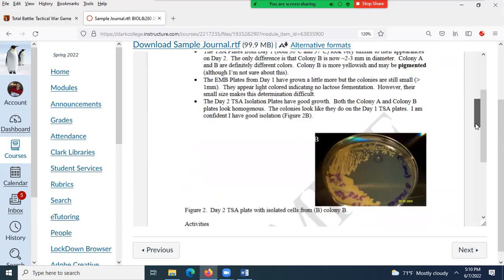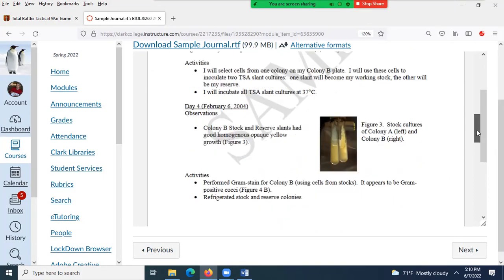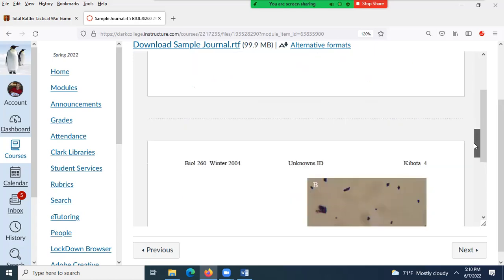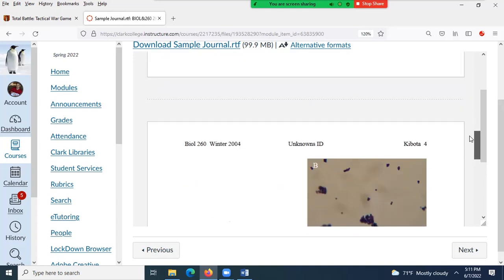In your unknown report, you should have a day, and then the observations you made on this day, and that will be generally from tests that you ran earlier because you requested them earlier. And then you maybe got your results on February 6th. So state what observations you did, state what tests you requested on this day, and then you should state why you requested them. And at the end, you should have what your conclusions are.